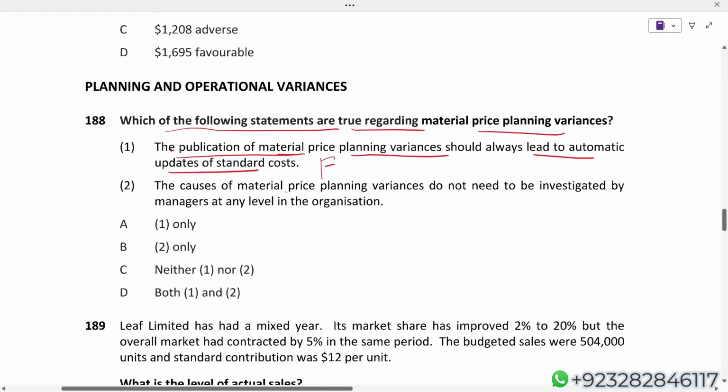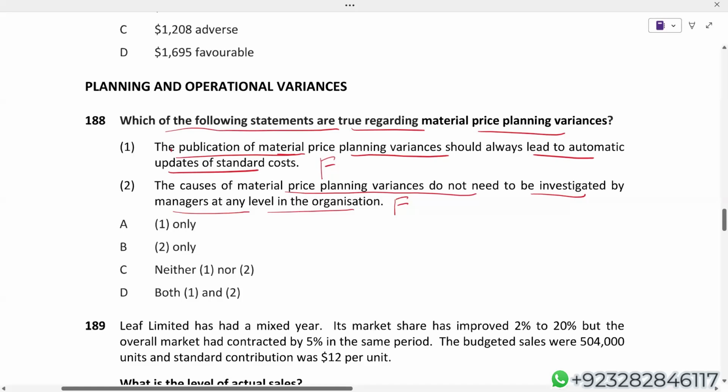The causes of material price planning variances do not need to be investigated by managers at any level in the organization. Why are we saying false? We know that planning variances are not controllable, but at least don't say that they will not be investigated at any level, because even though planning variances arise, we need to know the reasons.